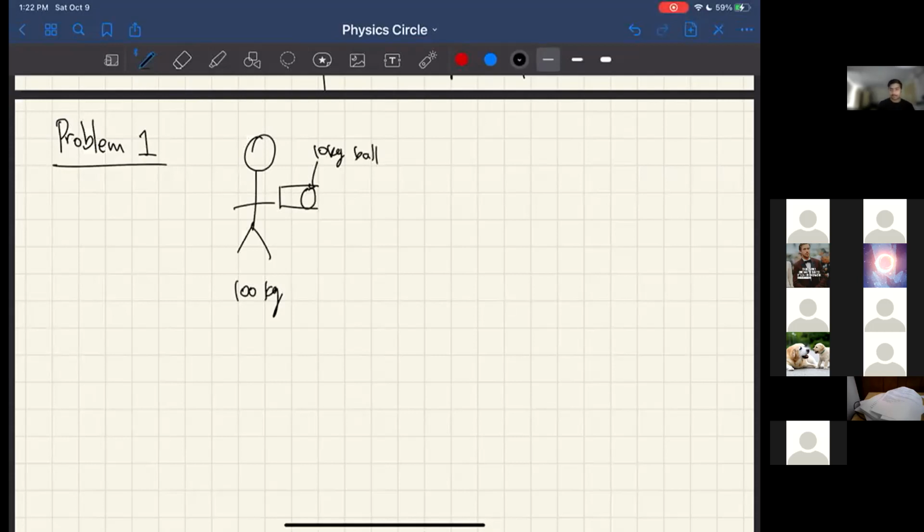So this launcher has some sort of gunpowder or spring or whatever, and it launches this ball. And then after it launches this ball, what we see is that the astronaut and the ball are both moving in some way, but their relative velocity is 50 meters per second.